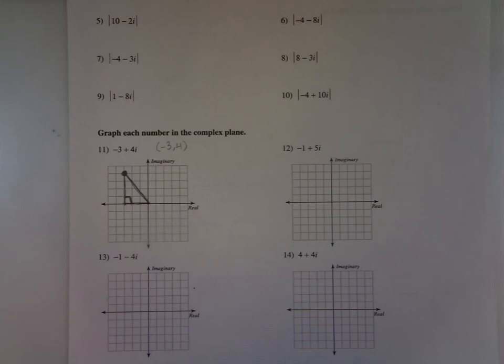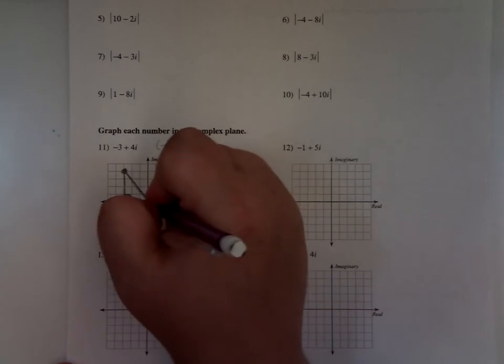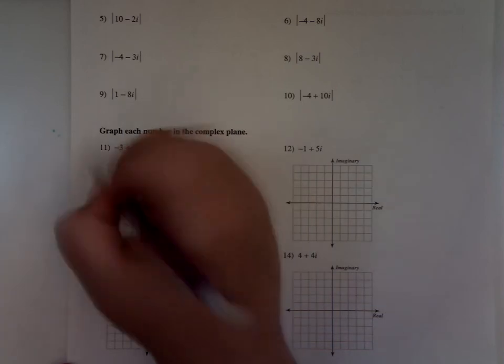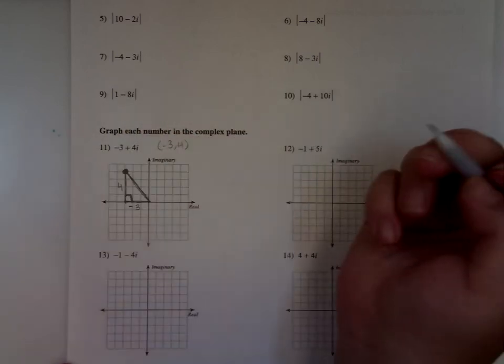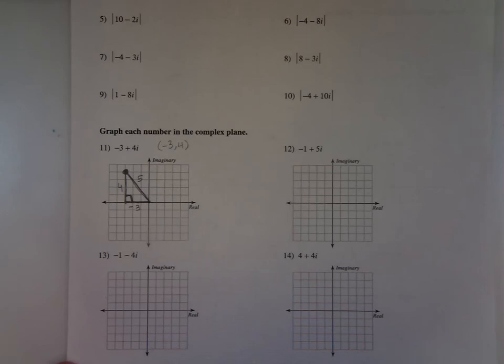So we know that this is -3, this is +4, and this is a 3, 4, 5 triangle.